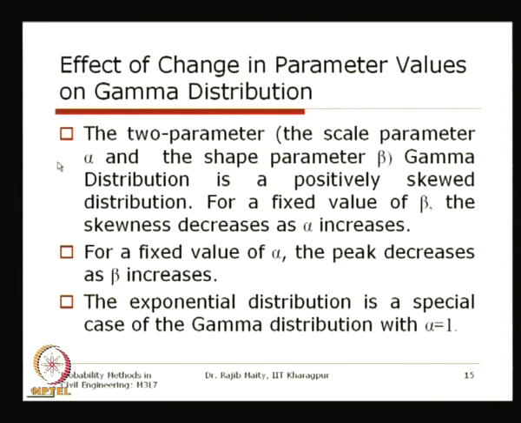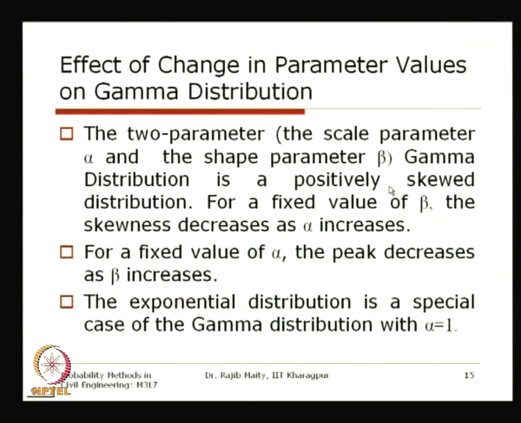Now, we will discuss the effect of change in the parameter values on the gamma distribution. These two parameters are the scale parameter alpha and the shape parameter beta. This gamma distribution is a positively skewed distribution, which we showed in the plot of the PDF for a particular set of parameters.